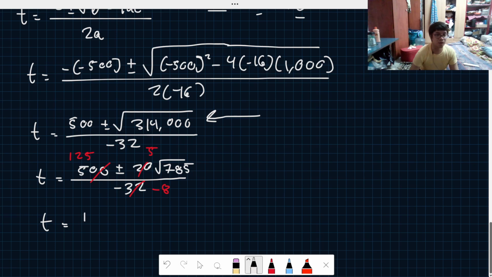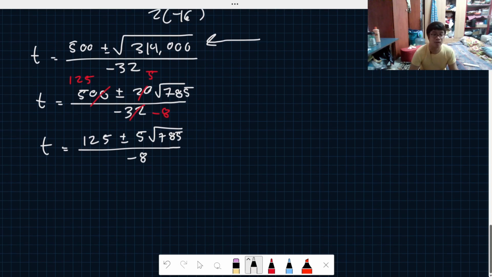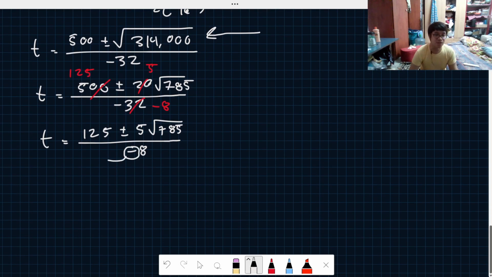So I will have 125 plus minus 5 square root of 785 all over negative 8. We can simplify this one more time by putting the negative sign of 8 beside the fraction. So I will have negative 125 plus minus 5 times the square root of 785 all over 8.